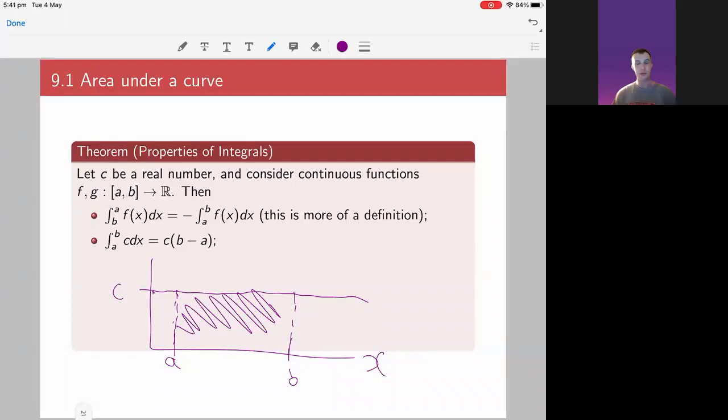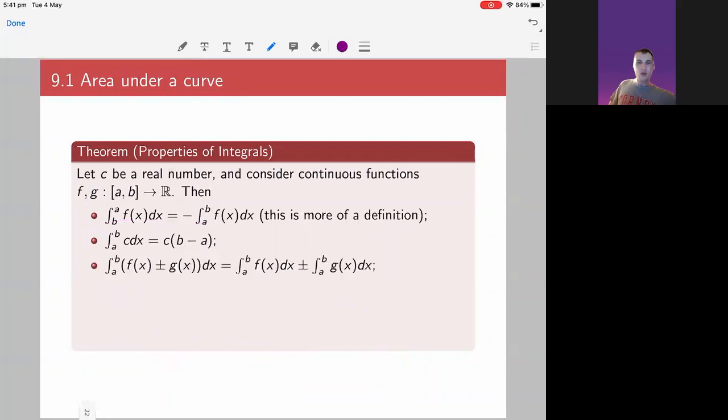While you may think this is obvious, the fact that this is also true for the integral is some sort of validation for us, because the integral from a up to b of c dx is exactly equal to what we would expect the area of the rectangle to be. This gives us validation that our theory of integration is doing what we want it to do. Remember, we wanted the theory of integration to generalize finding the areas of rectangles. So if we integrate a rectangle, we should get the usual area that we're familiar with. And indeed we do, so that's nice.